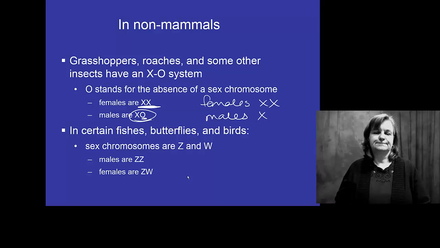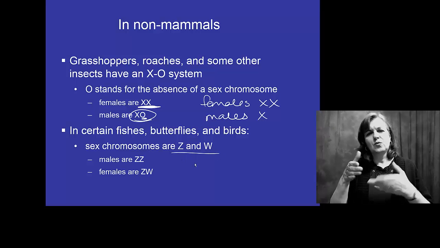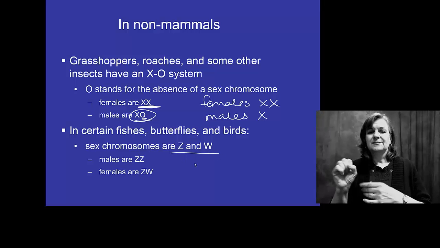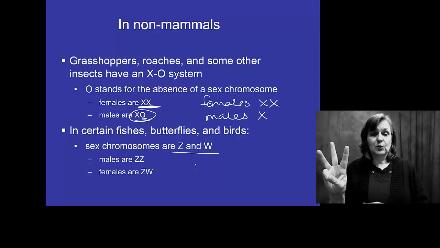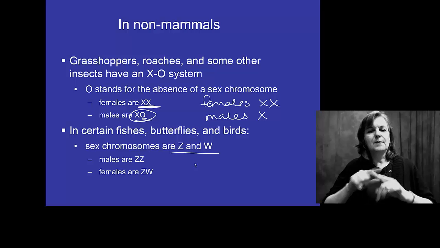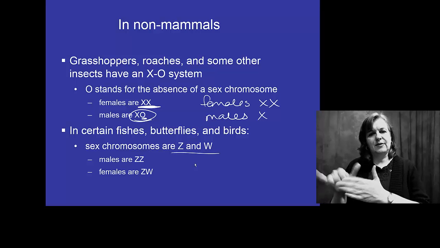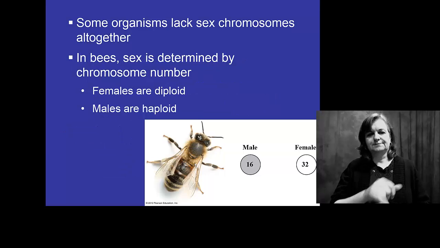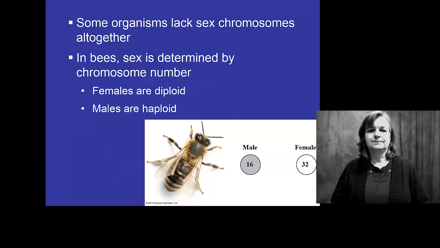You can look at other variability. There's ZW possibilities in particular species. I'm not particularly concerned about this. I just want you to know that there are other options other than just being XX and XY all the time. Okay? Some actually lack sex chromosomes altogether.